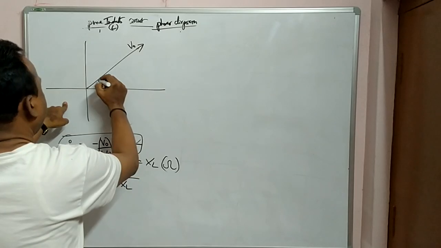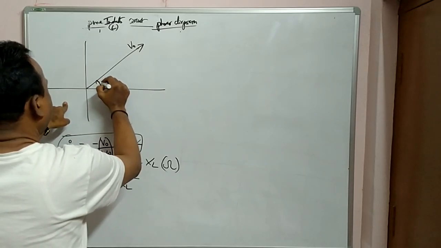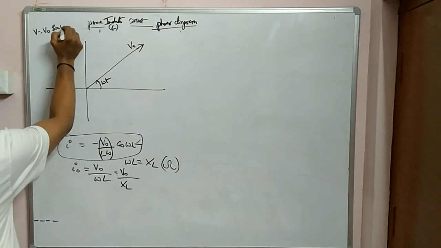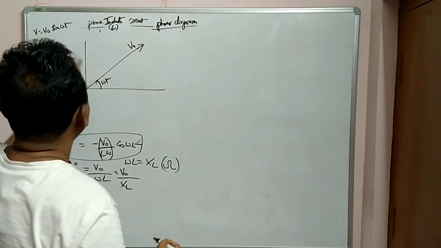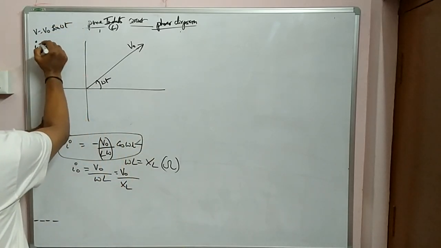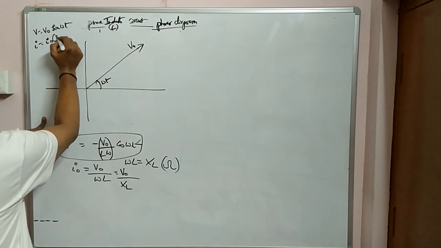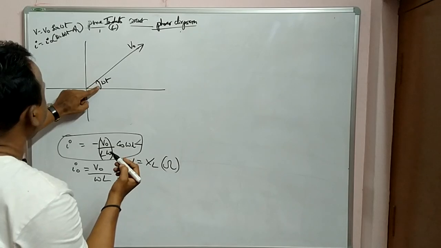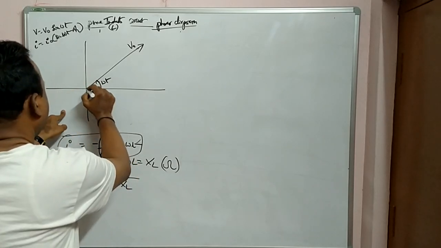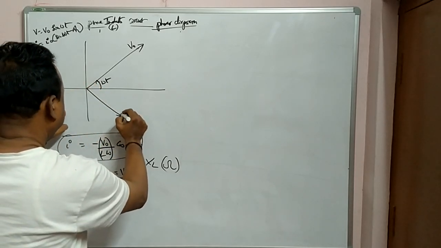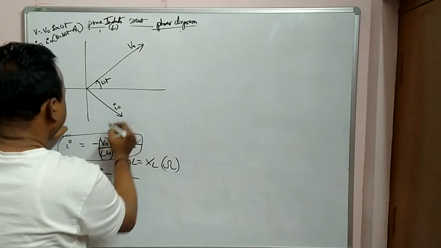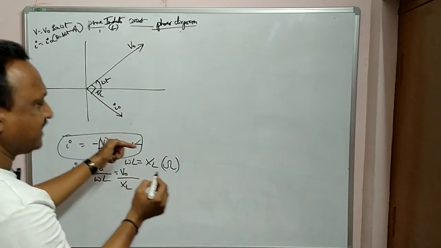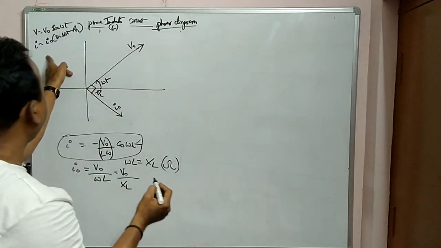How much angle is it making? Omega t, because V is equal to V0 sin omega t. Now what is happening to the current? I is equal to I0 sin of omega t minus pi by 2. So here it is lagging. This is the current, and it is lagging by pi by 2, 90 degrees. Current is lagging, voltage is leading.